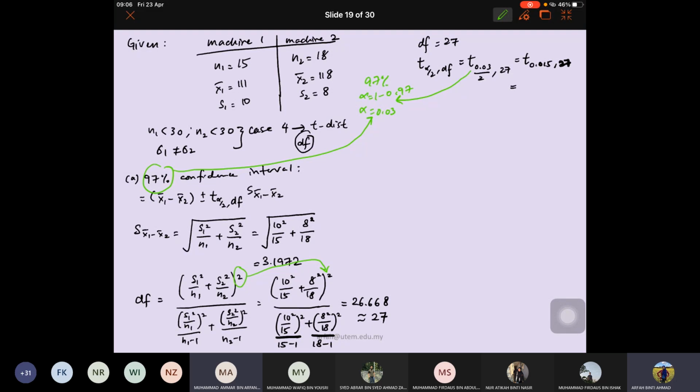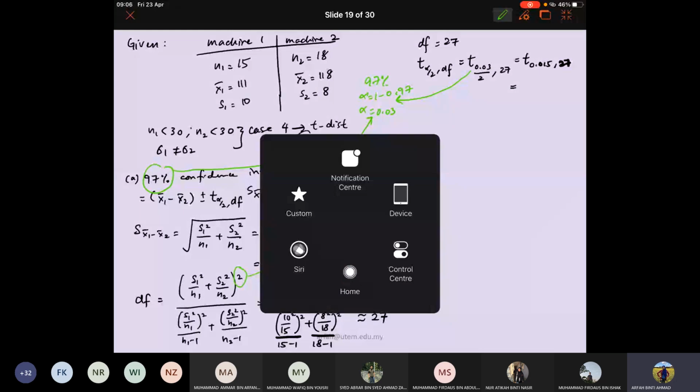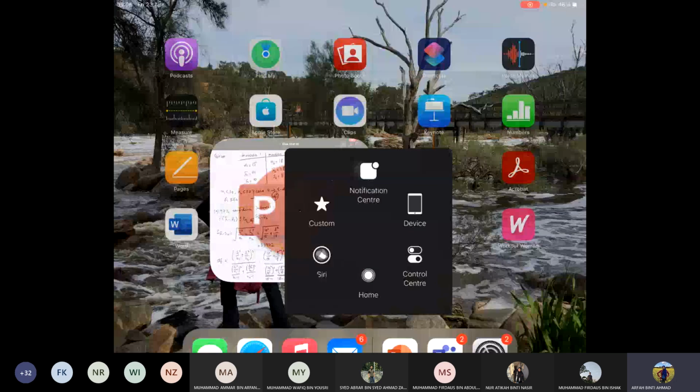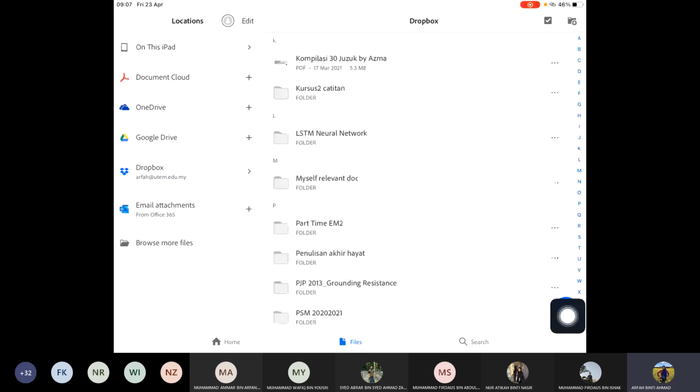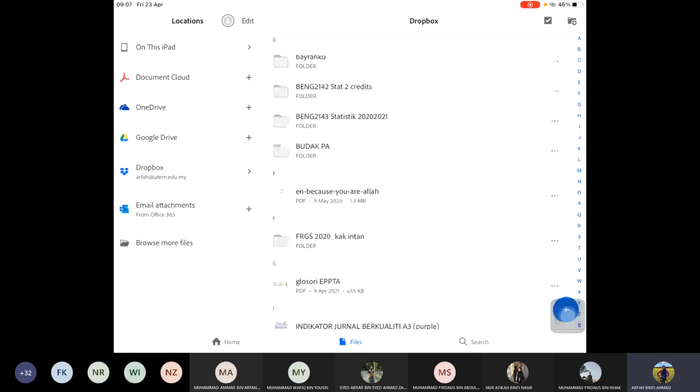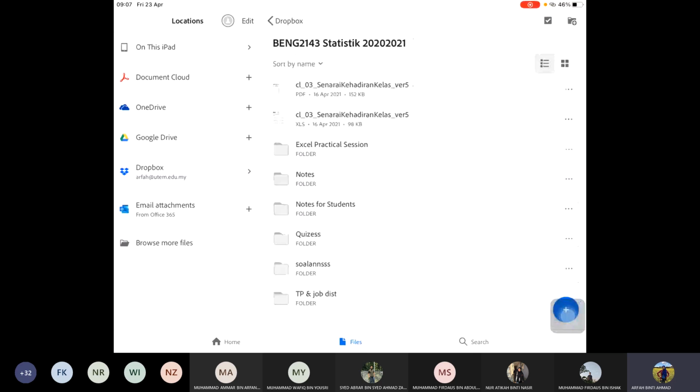0.015 tak ada. Okay. 0.01527, kita tengok T table.